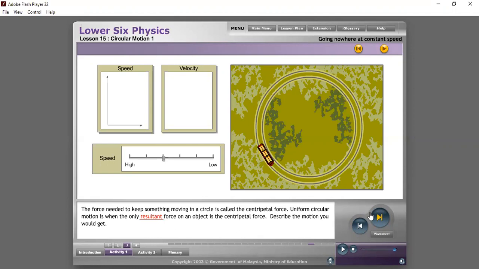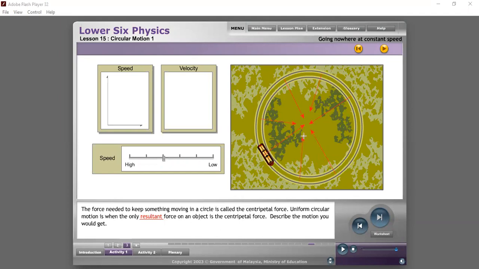Describe the motion you would get. So when any object moves in a circle, there will always be a force pointing to the center. No matter where the object is, there will be a force always pointing to the center.